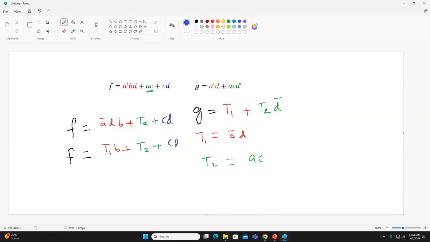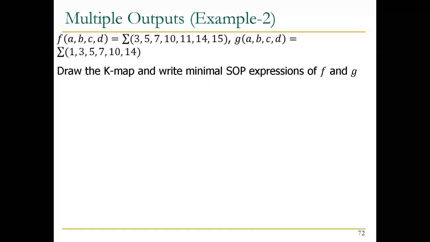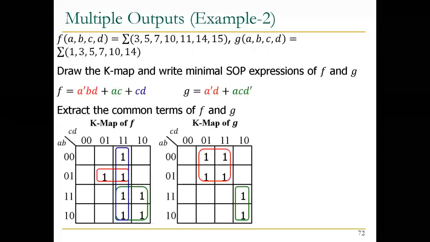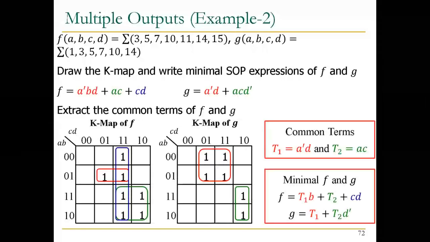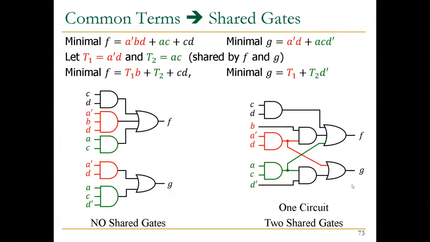So now we can share this common term for the other function. If you implement this, we are deriving this common term. Any question? So now if you implement this, in F we require a 3-input AND gate. How many gates are there? 1, 2, 3, 4, 5, 6, 7. And in the combined implementation, 1, 2, 3, 4, 5, 6, 7.